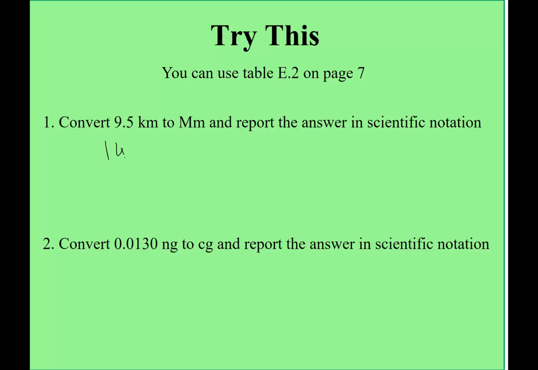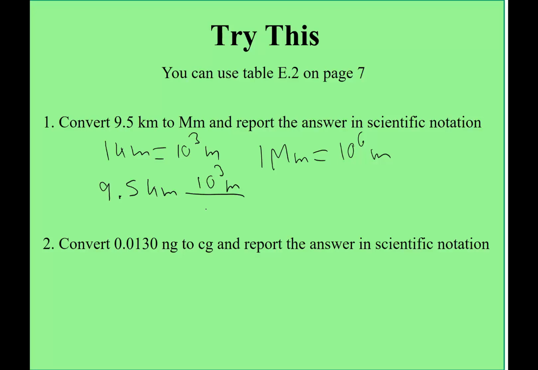1 kilometer equals 10 to the 3 meters, and 1 megameter equals 10 to the 6 meters. So then we can set this up. 9.5 km times 10 to the 3 meters divided by 1 km.